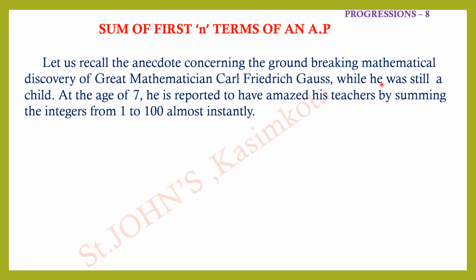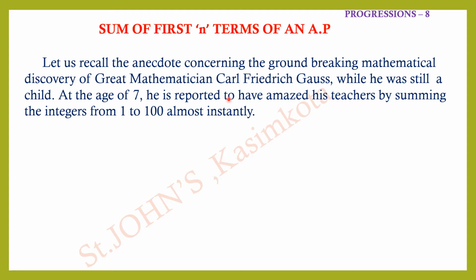While he was still a child, at the age of 7 years, he is reported to have amazed his teacher by summing, that is adding, the integers from 1 to 100 almost instantly.